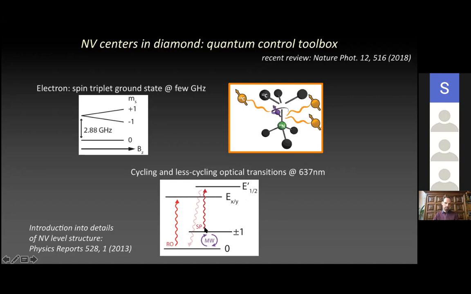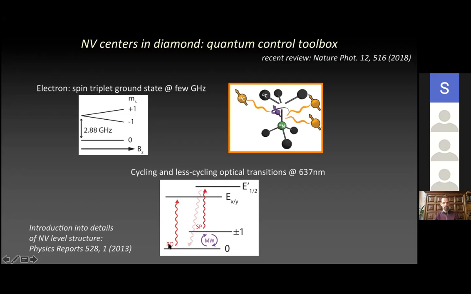You see, for instance, that I drew an arrow here as P, spin pumping. If I start to hit this transition with a laser, there's a decent probability that after a few cycles I will end up on this side. It turns out that the transitions involving the ±1 states are typically the less cycling ones, and the ones involving the ms = 0 sublevel are the cycling ones.